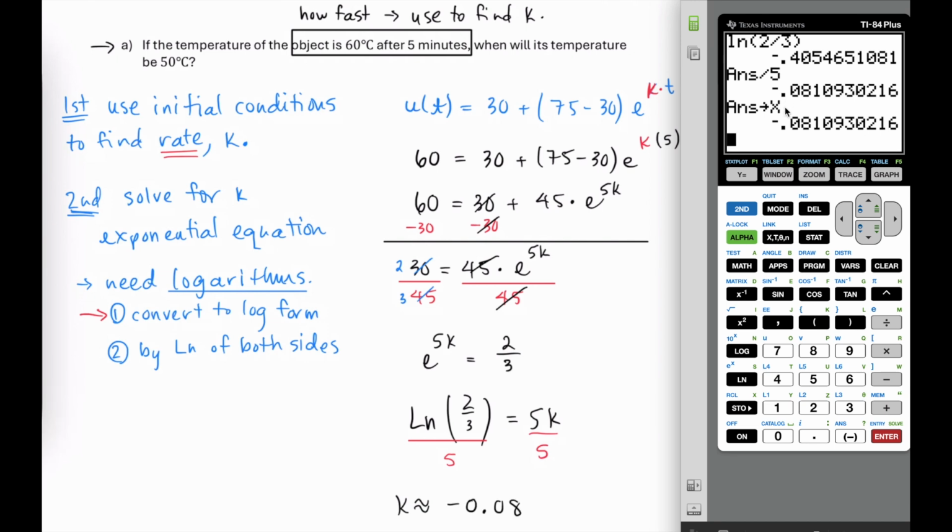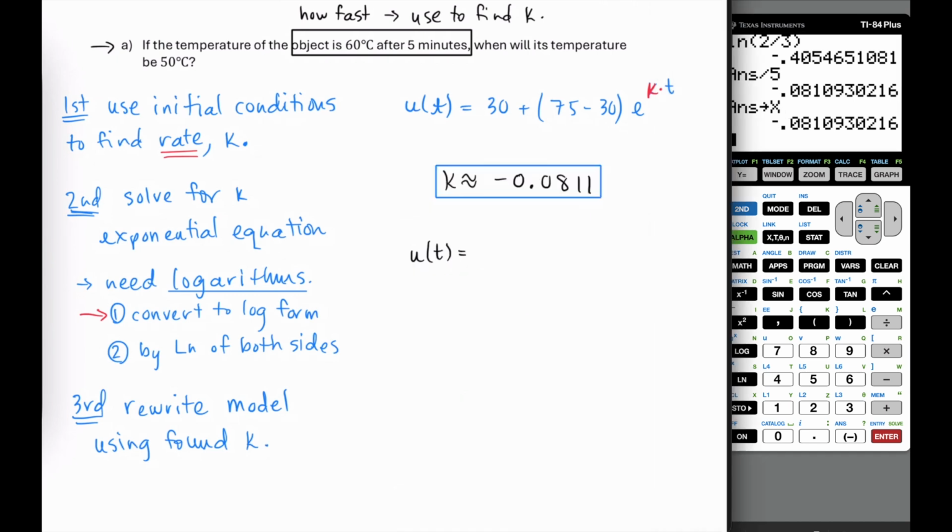But in our handwritten work, I'm going to round it off to 0.0811, just because this number is easier to write down than the ln of 2/3 divided by 5, which is the actual exact quantity. And then we need to rewrite our formula, or the exponential model, to include the rate that we just found.